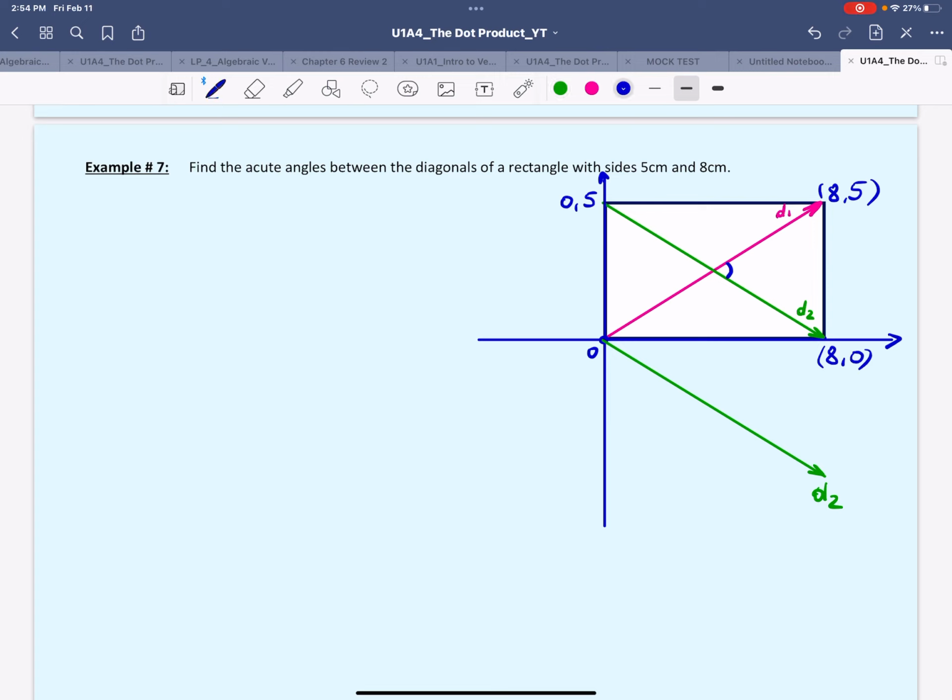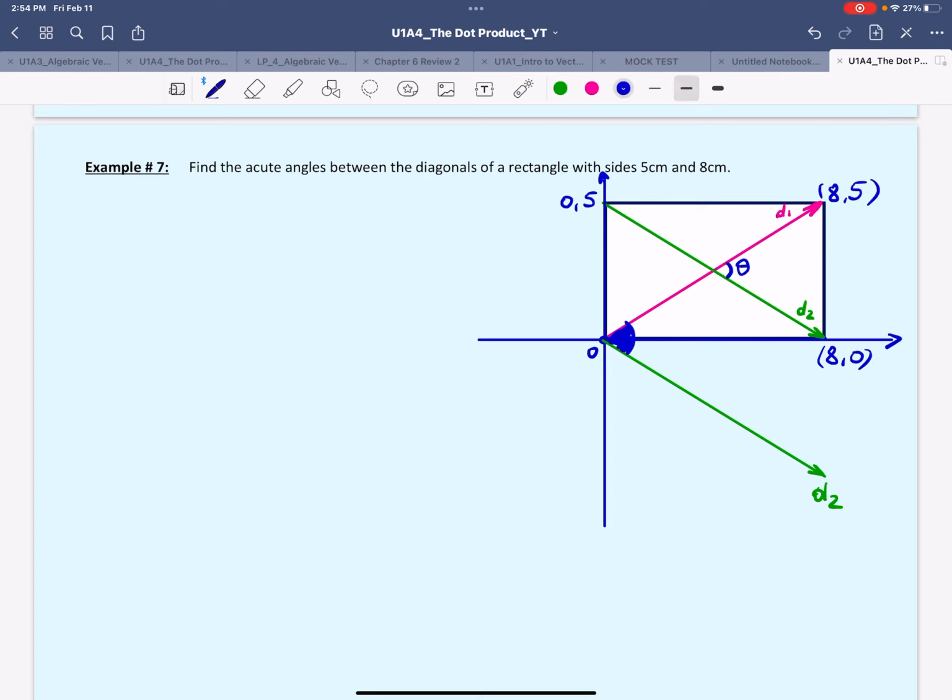So now they are placed tail to tail. So this angle theta, the acute angle, that's what we're looking for, is the same as this angle theta. Why? Because these two are parallel to each other. It's the same vector. You translate a vector anywhere, and it stays parallel to itself.